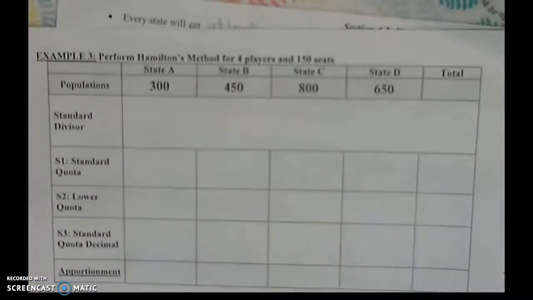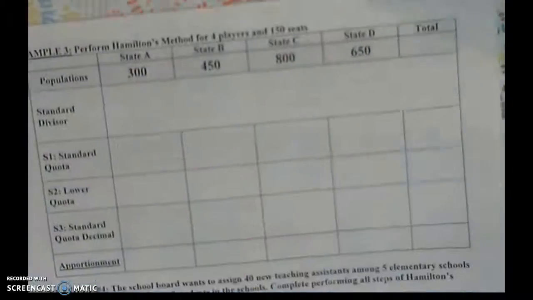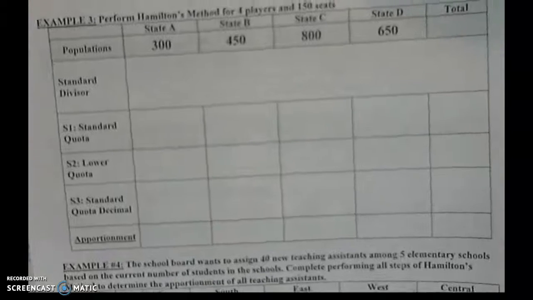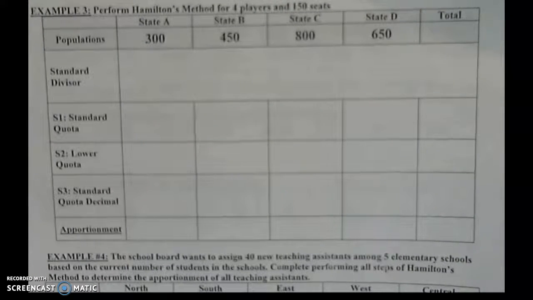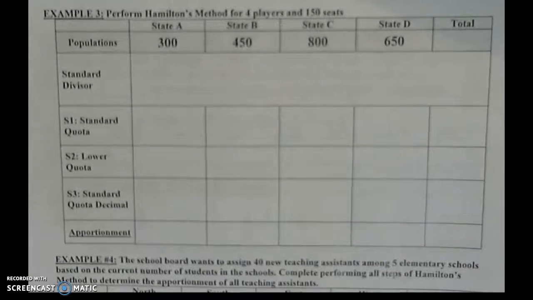All right. So now you have example 3. I'm going to pause for a second, or you might need to pause for a second and see if you can solve this whole problem using Hamilton's method. So take a pause and then see what you can do.